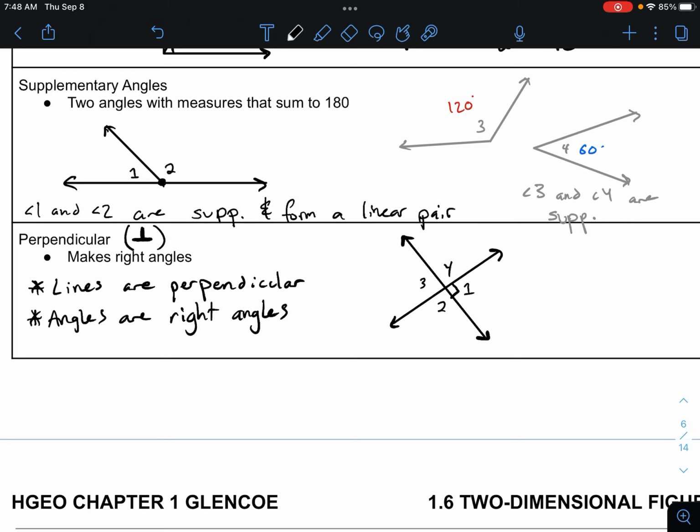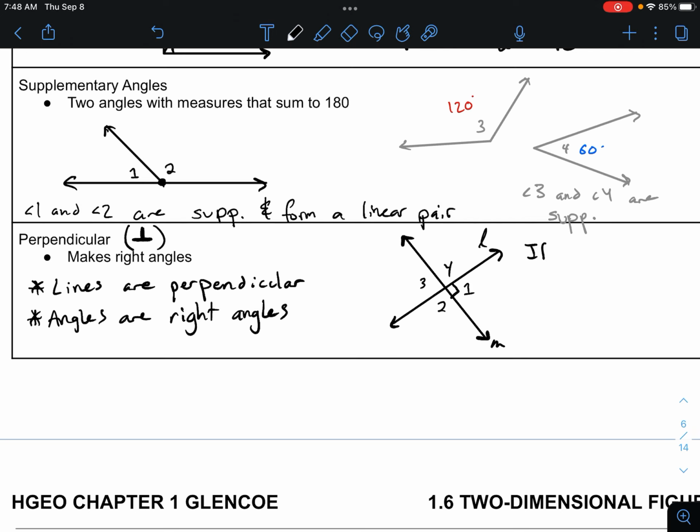All right. But again, if I want to talk about things being perpendicular, I have to make mention of the lines, not the angles. So let's call this line L, and let's call this one down here line M. All right. So I'm actually going to do an if-then statement here.